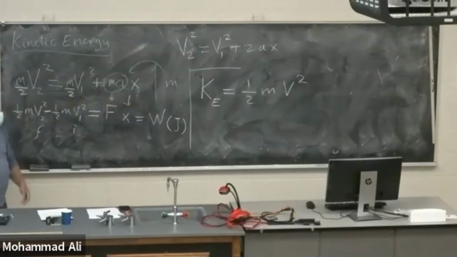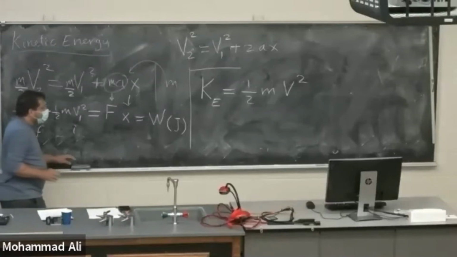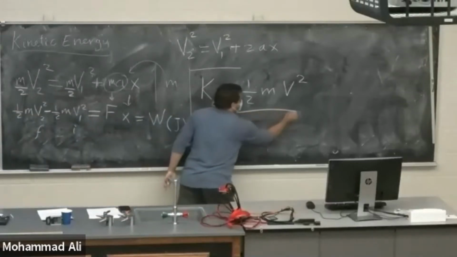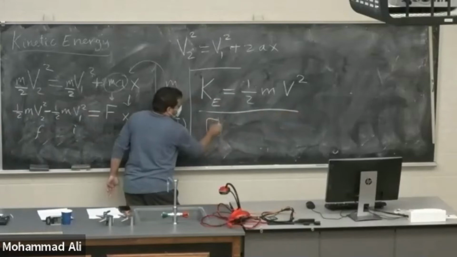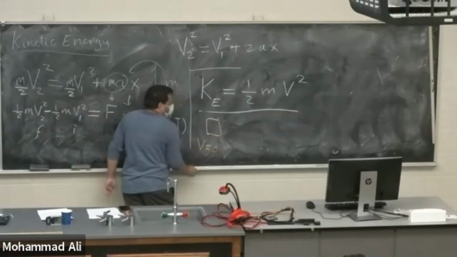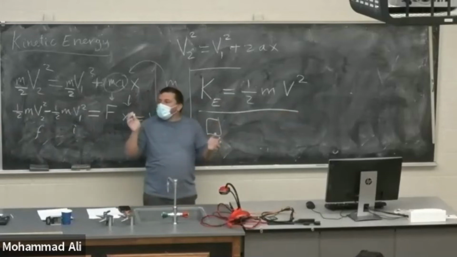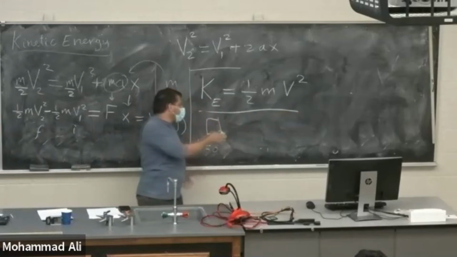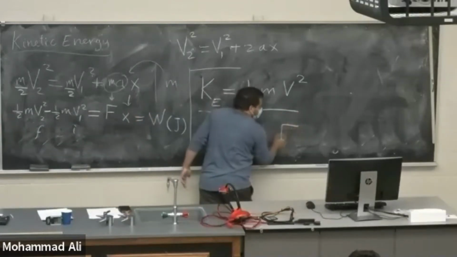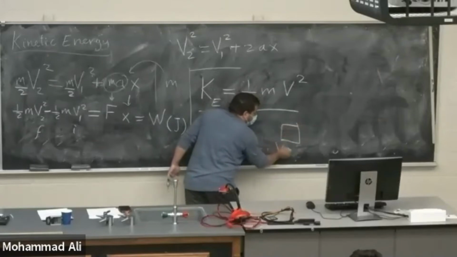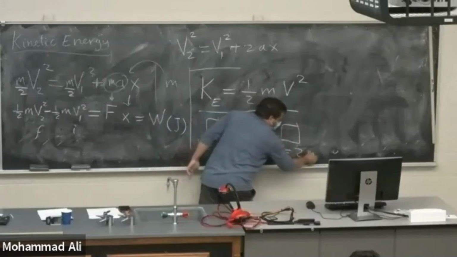If we have an object and this object is stationary with velocity equal to 0, then you look at this object again and you see it moving with velocity equal to 2 meters per second.